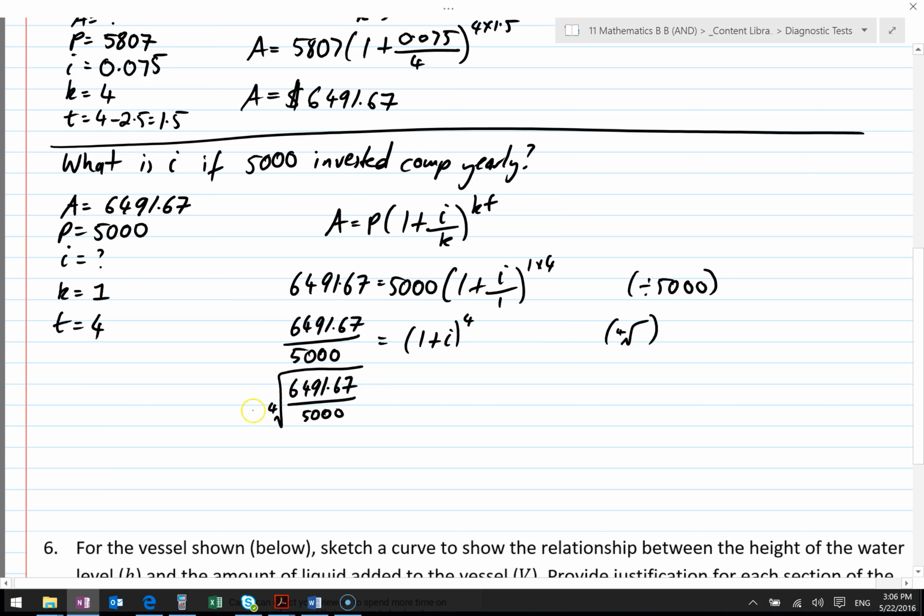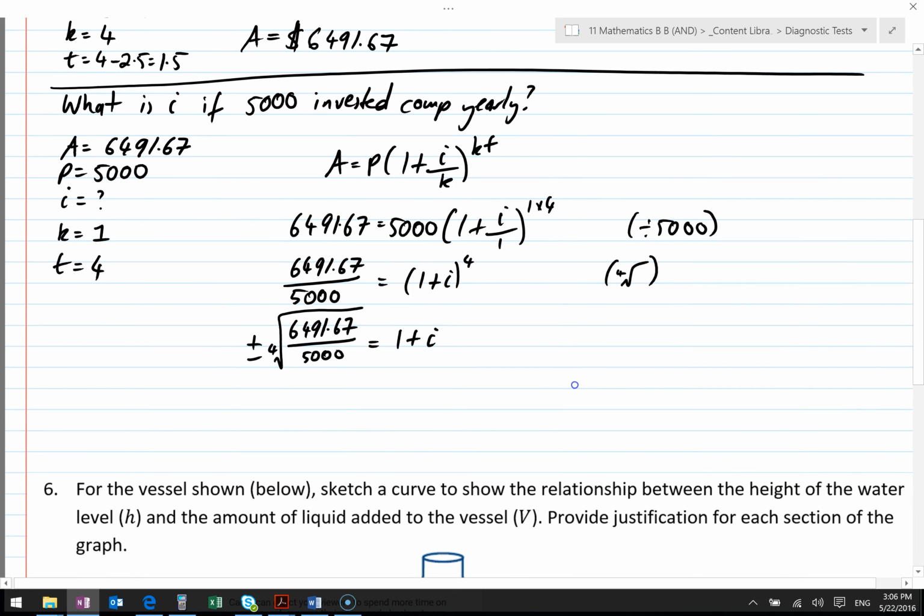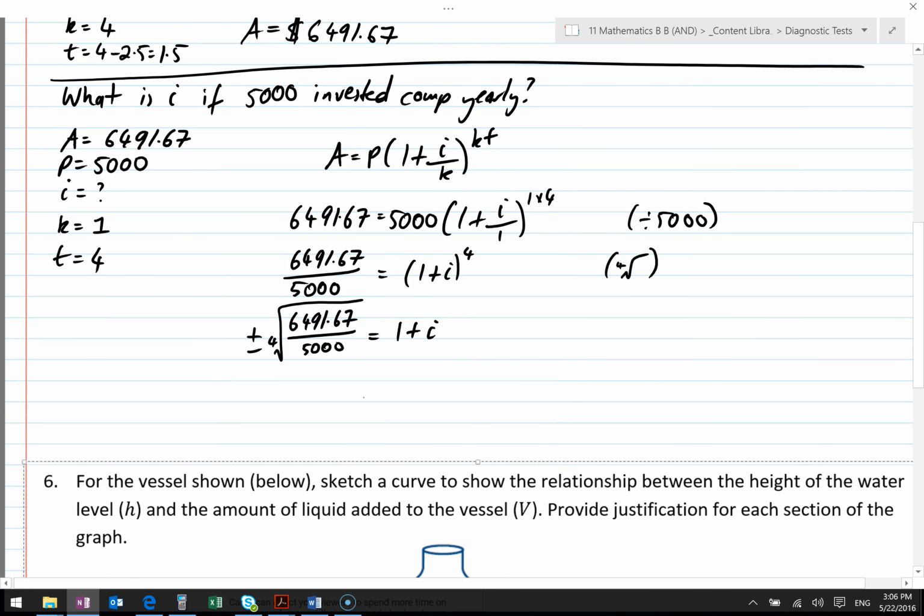Need the 4th root of this. Should really be plus or minus. Okay. In a lot of problems, the minus will be rejected anyway, but that's okay. We'll see what happens. And to get i by itself, we'll subtract 1 from both sides. So plus or minus the 4th root of this, minus 1.